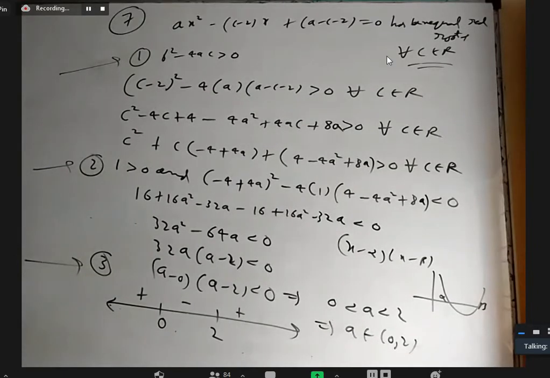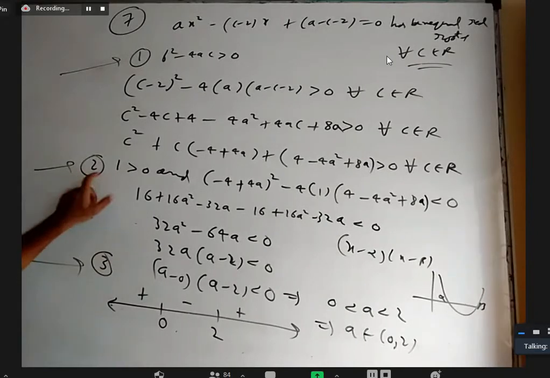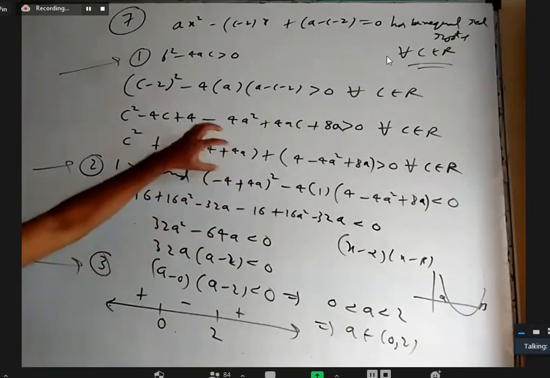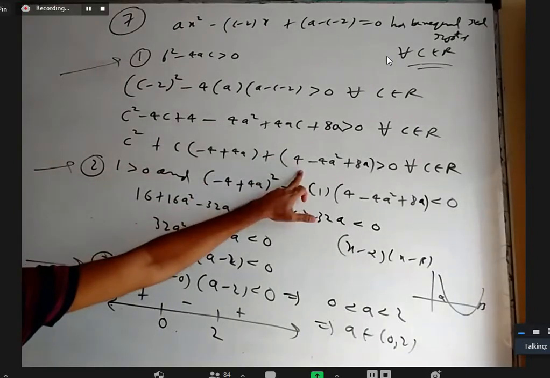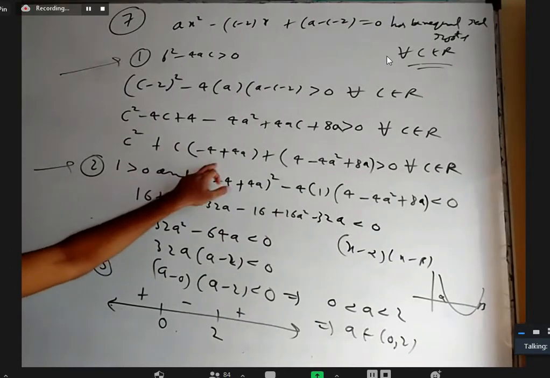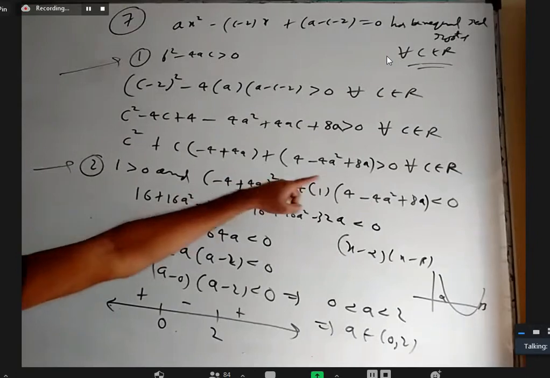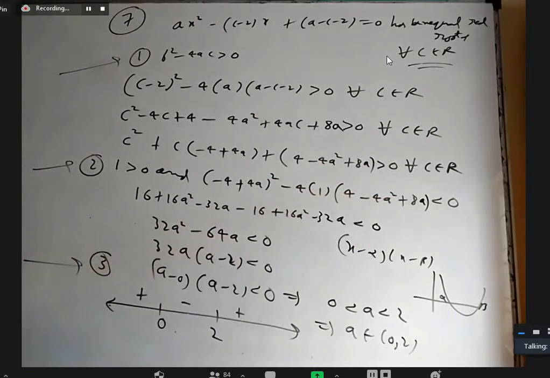Sir, can you explain the second step? Okay. Imagine this is like a constant. This is a quadratic expression in terms of c: c square into some number, c into some number, and some number. You want this quadratic expression in terms of c to be greater than 0 for all c values.